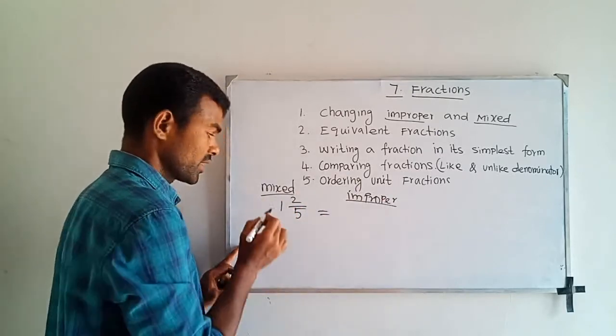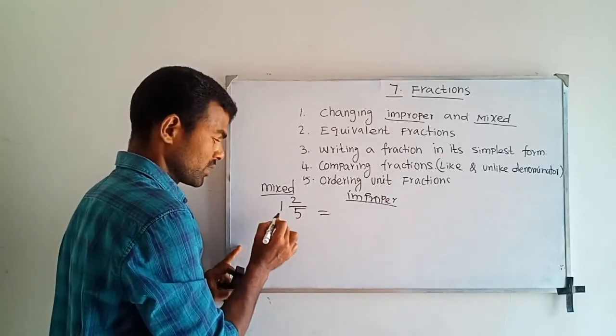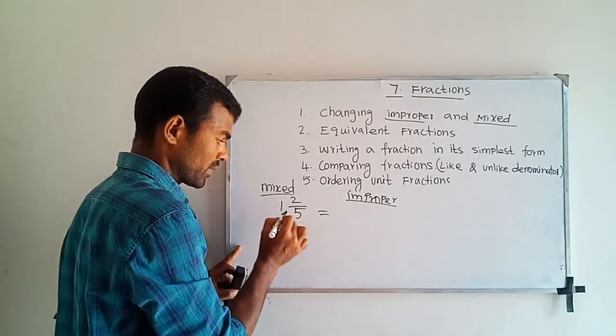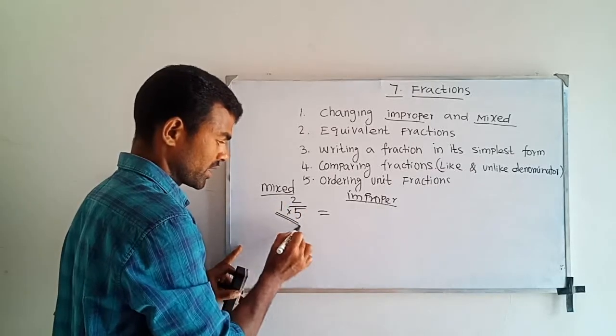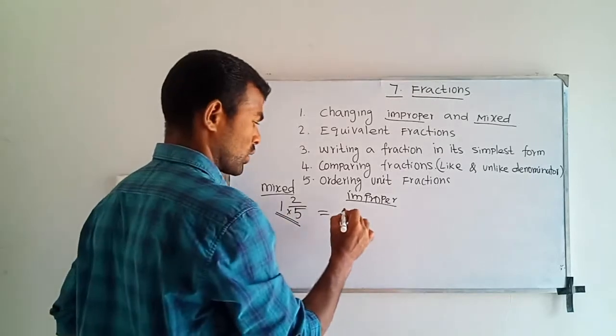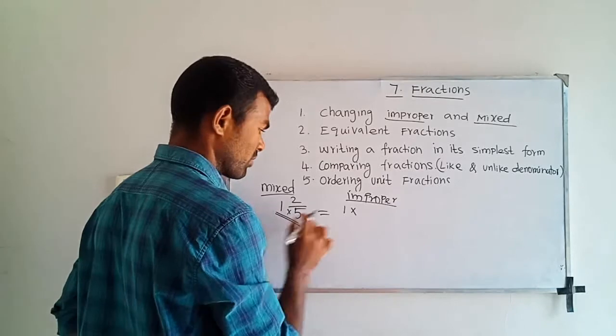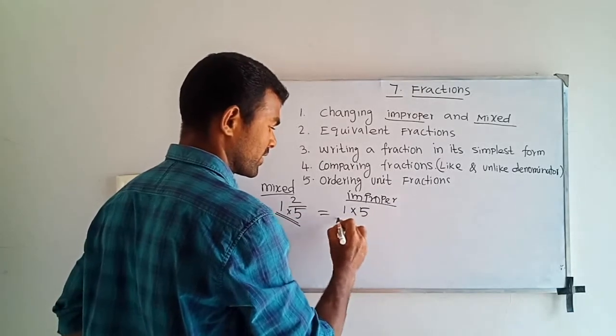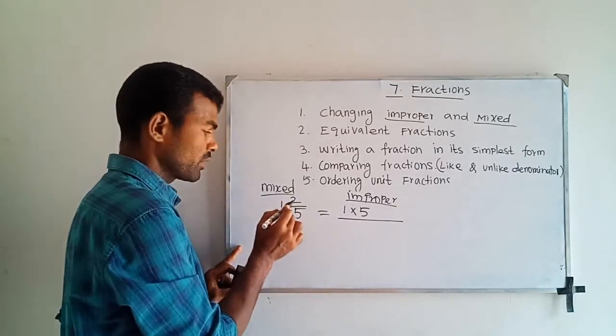For that you have to multiply the whole number and the denominator. These two numbers you have to multiply. 1 multiplied by the denominator 5 is 5. Then afterwards you have to add the numerator.